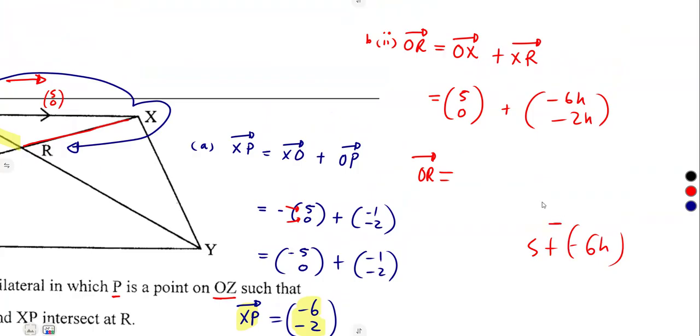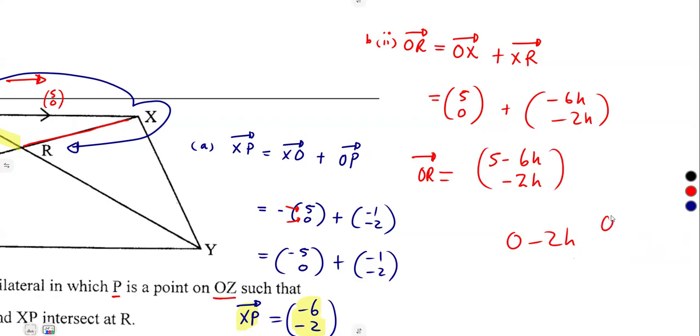A plus and a minus, that's a minus. So that's 5 minus 6H. You cannot simplify that. Those are unlike terms. All right. Then 0 plus minus 2H on this part. Plus and a minus, that's what? A minus. So it's 0 minus 2H, which is what? Minus 2H. It is just like 0 minus 3. The answer is minus 3.